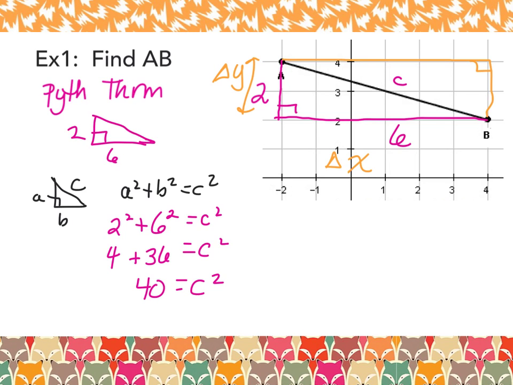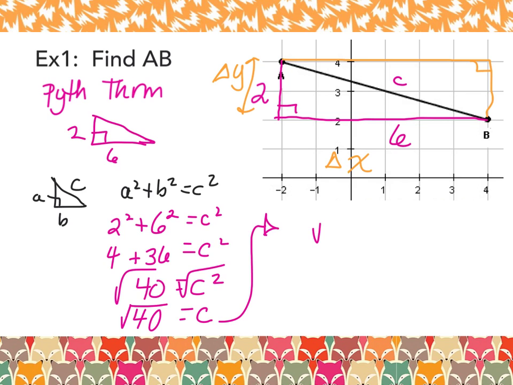Now, 40 is not our final answer. We have to take the square root of both sides. If you remember from algebra, we take the square root of both sides to find the value of C. So the square root of 40 is the value of C. Now we can either change this into a decimal, or we could write this as a simplified radical.